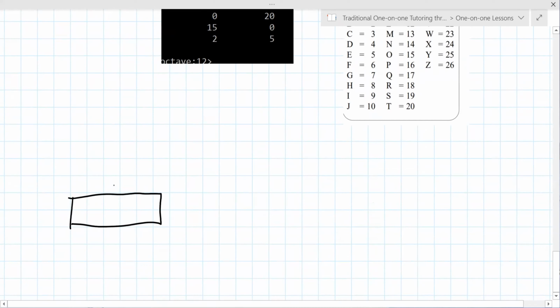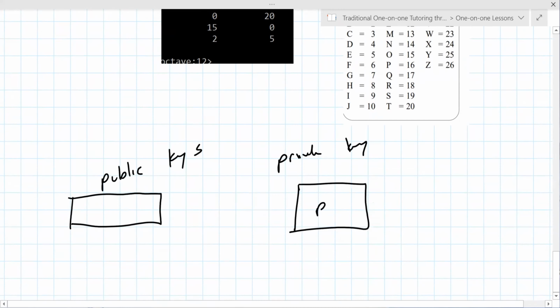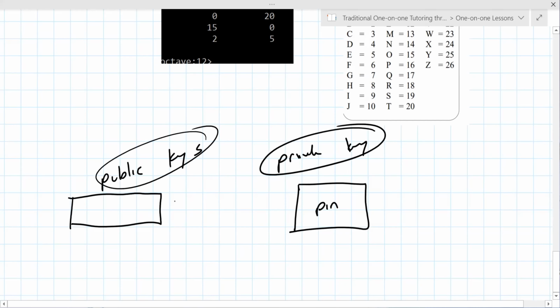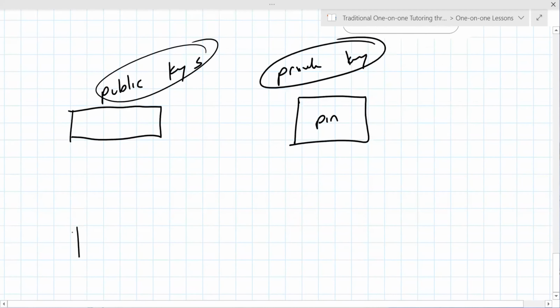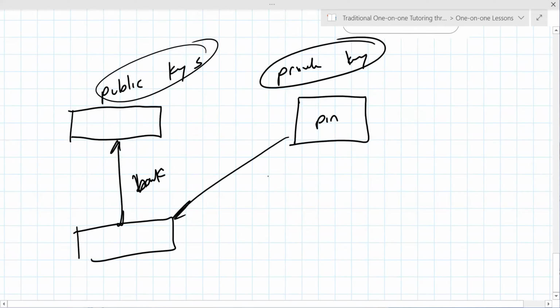So there are public keys and there are private keys. Your PIN on your debit card is like a private key. That's why it's private. Public keys are when you go to a merchant, they have to authenticate with the bank, and they use both a public and a private key to do this. They encrypt these gigantic numbers into prime factors.